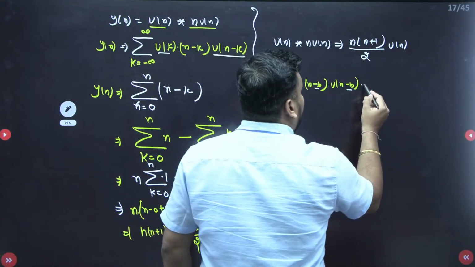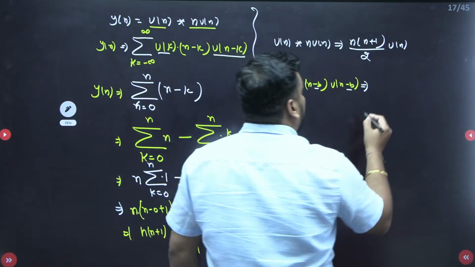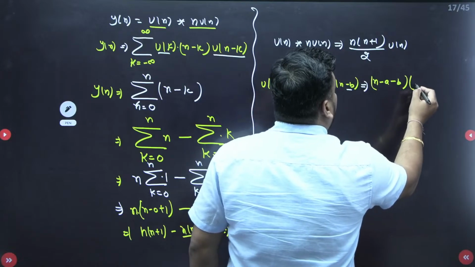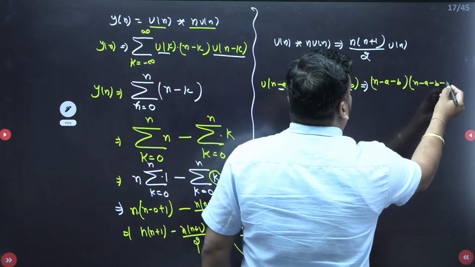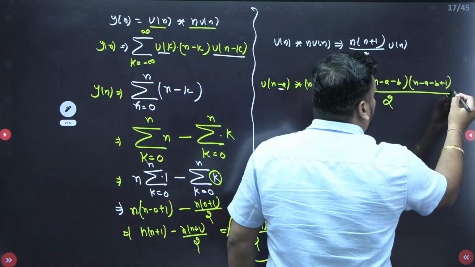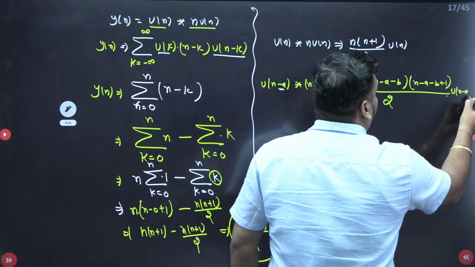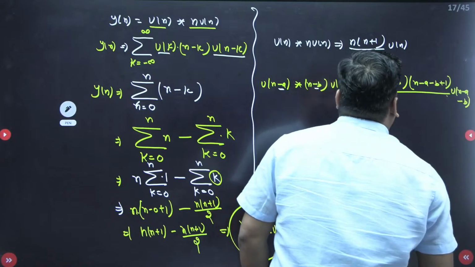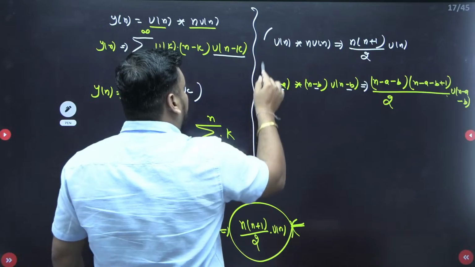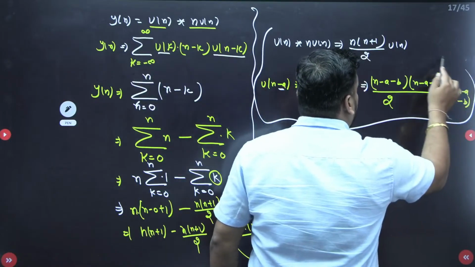So ultimately a and b will reflect in the final result also. So it will be n minus a minus b, again n minus a minus b plus 1 upon 2, and dot u of n minus a minus b. So this is nothing but the final result after shifting.